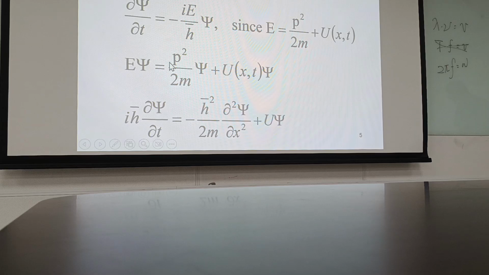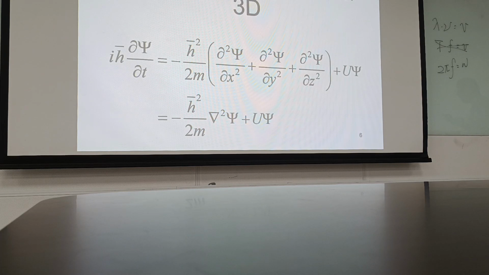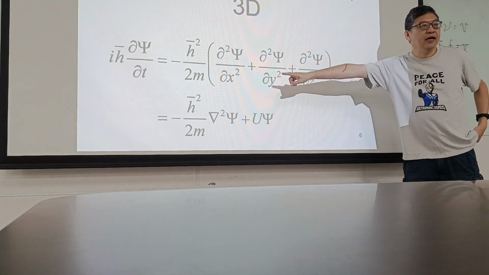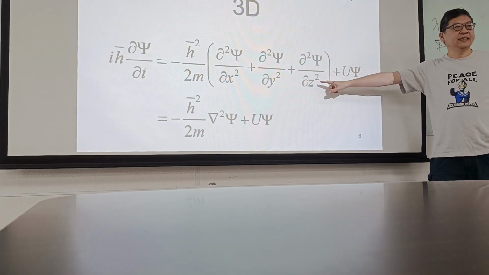When you did this in the last few weeks, you did it in one dimension, meaning only x and time. In order to put it inside the hydrogen atom, which has one proton in the center and one electron outside, we need to make it three-dimensional, with not only x but also y and z.